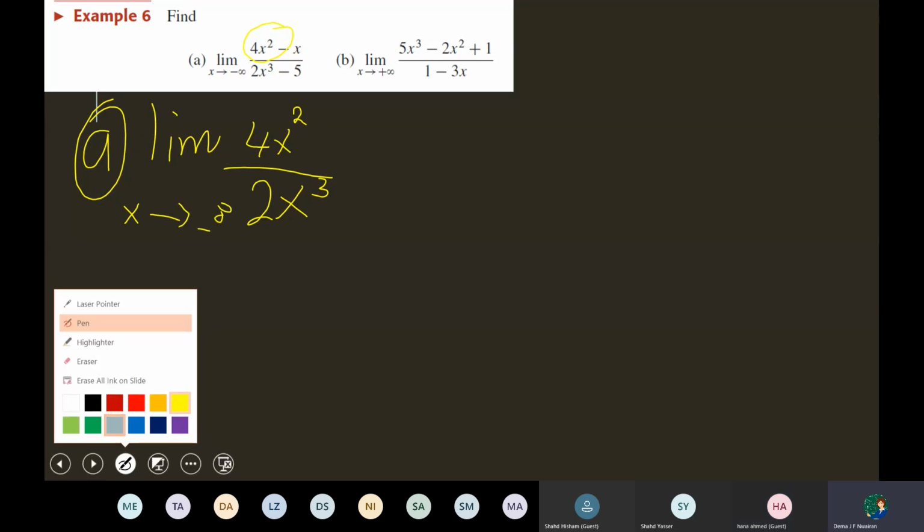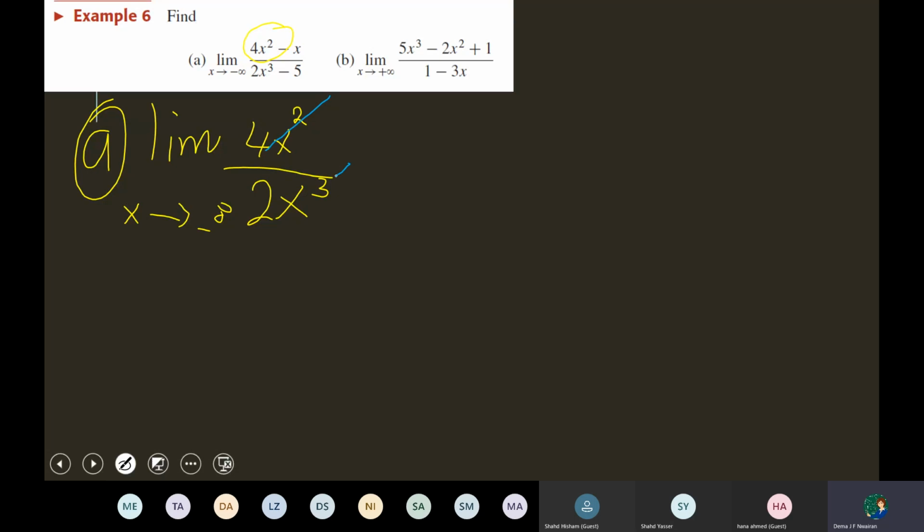Then after that, I will simplify to be x down and 2 up. So the simplified limit will be the limit of 2 over x when x approaches negative infinity. Is this clear now?